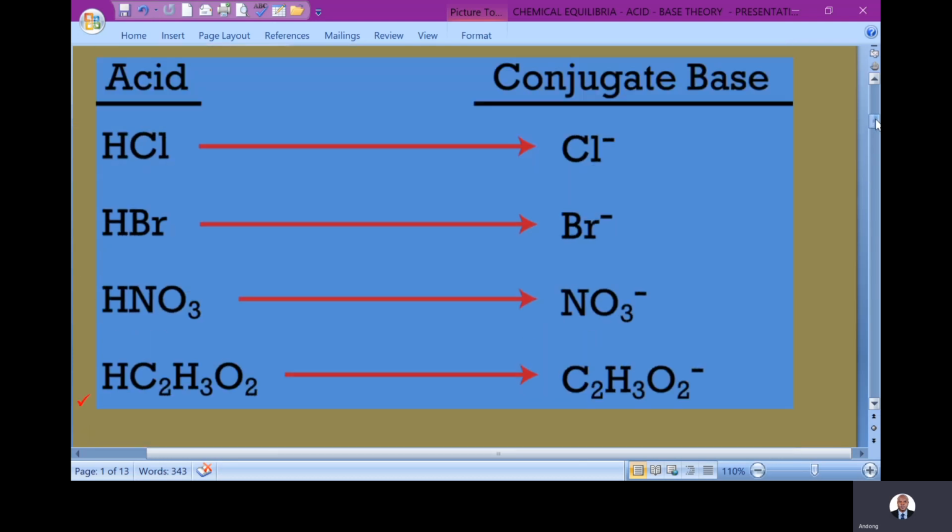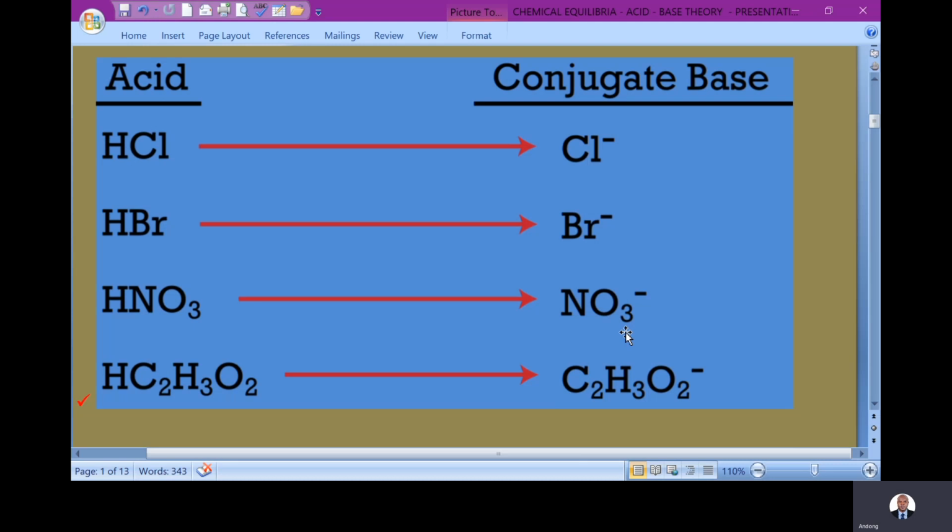If you are given an acid, you can deprotonate it to have the conjugate base. For organic acid like this one, this is the conjugate base for this. For a nitric acid, this is the conjugate base. We are deprotonating.